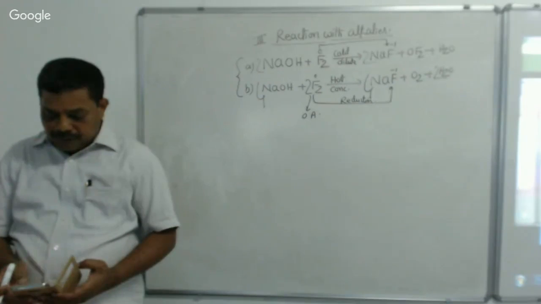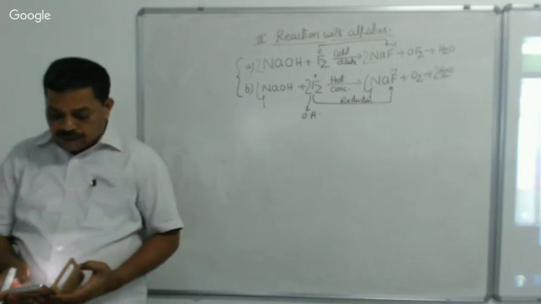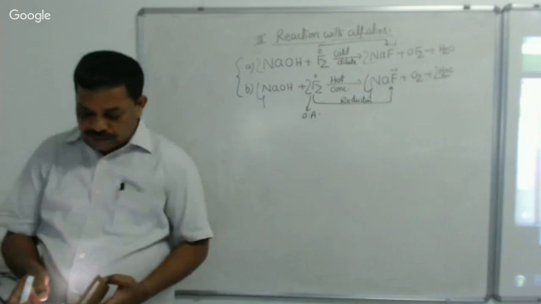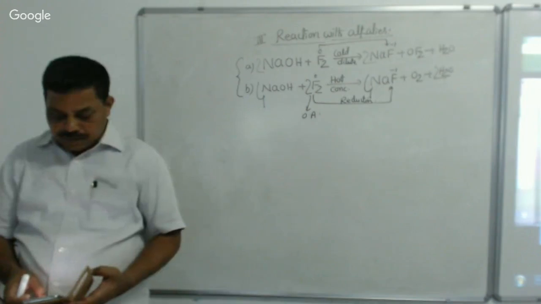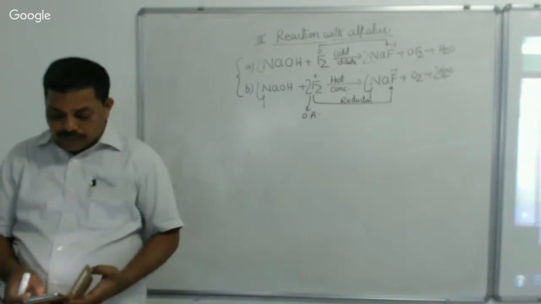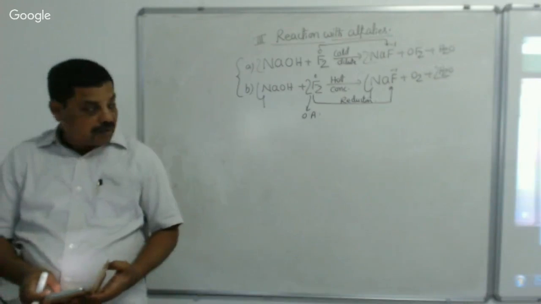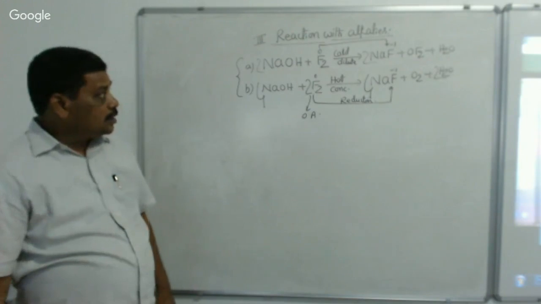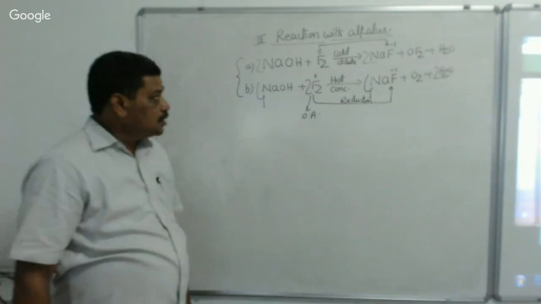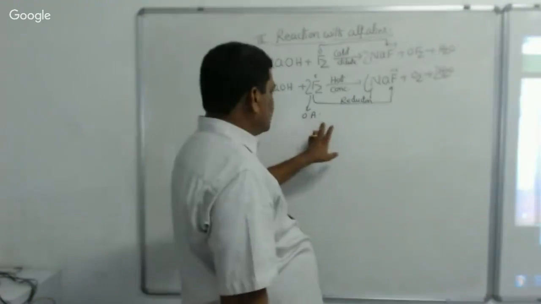So fluorine always undergoes reduction, meaning it always acts as an oxidizing agent.